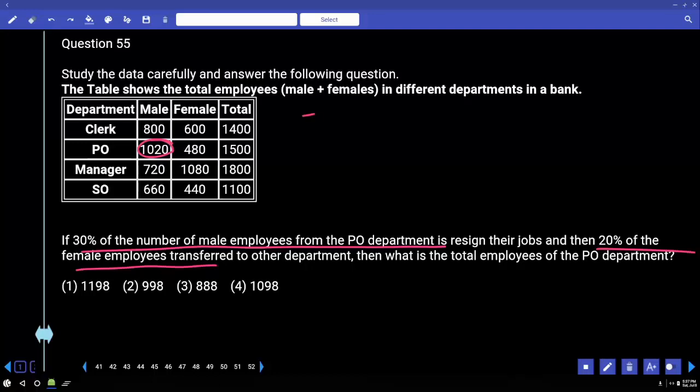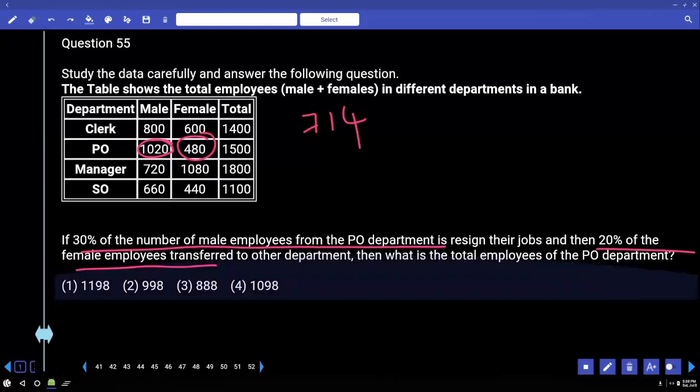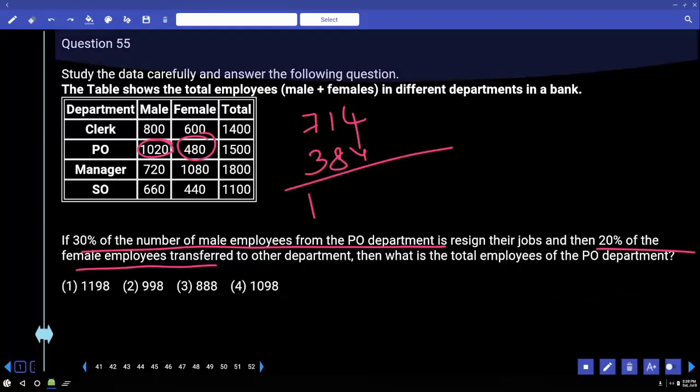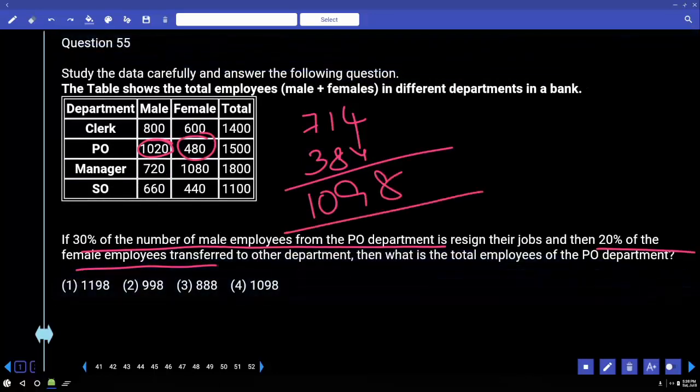Subtracting 306, 714 left. Understood? 20% of 480 is 96; subtracting 96 leaves 384. The total number of employees left is 1098. What is the total employees of the PO department now?